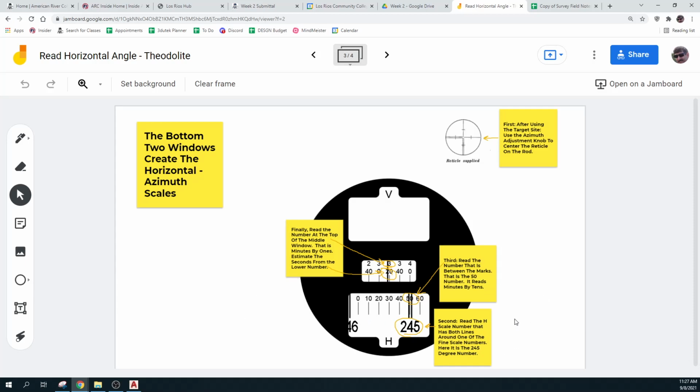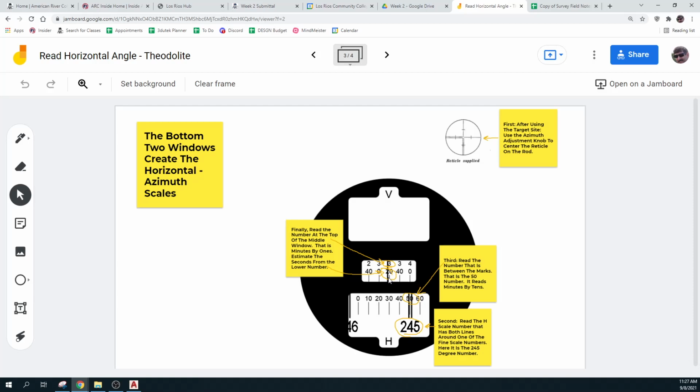You can't see the other one. It's obviously 245 degrees because it's in here. So 245 degrees and 50 minutes. And then we have to figure out better minutes. 50 plus 3, and 20 seconds minus a little bit, we'll call it 18 seconds.